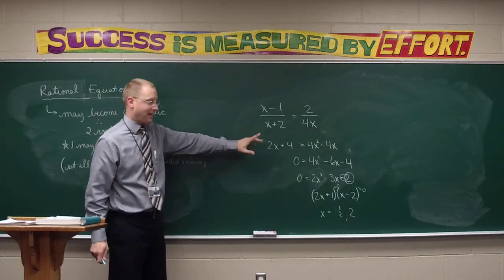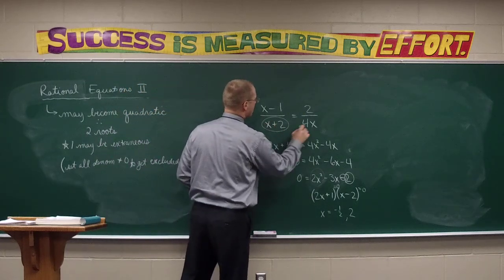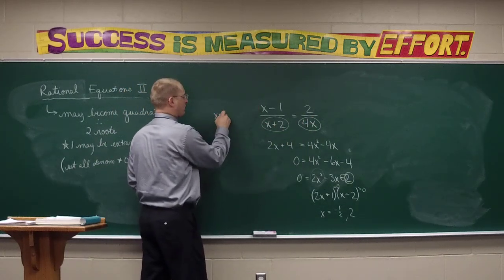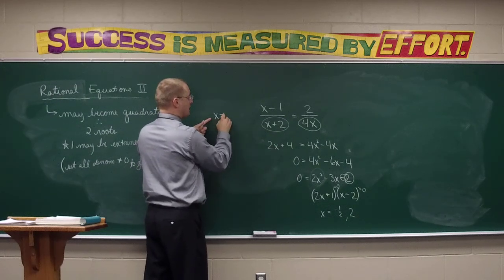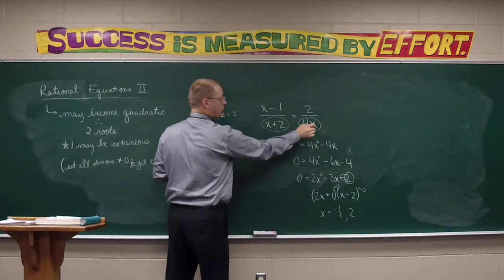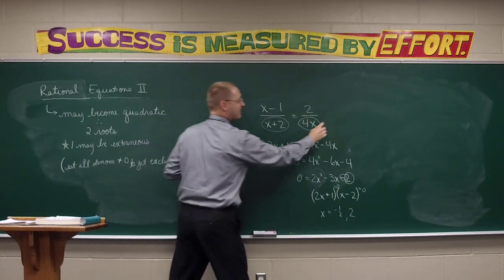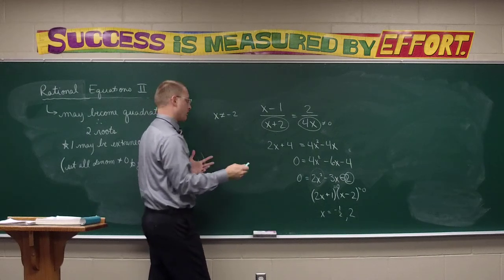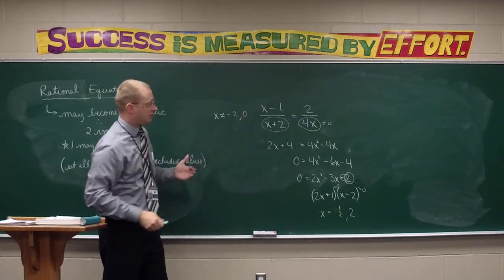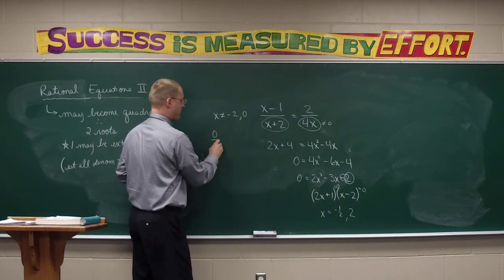It became a quadratic. However, there are two things x would not be able to equal right off the bat. x would not be allowed to equal negative 2, nor could x equal 0, because 4 times 0 is 0. For instance, 0 divided by 4, that's just 0.